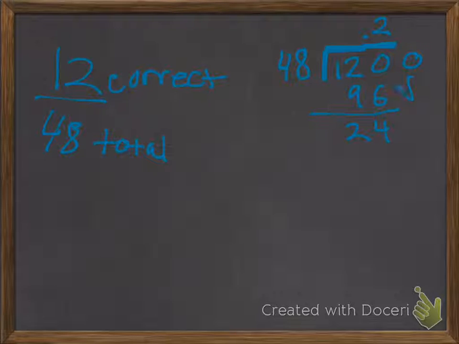Bring down another 0. 48 will go into 240, I believe 5 times. I'm going to double check. 48 times 5. Yep, 240. Nothing left over, so there's my answer right here. 0.25, and 0.25 can also equal 25%.